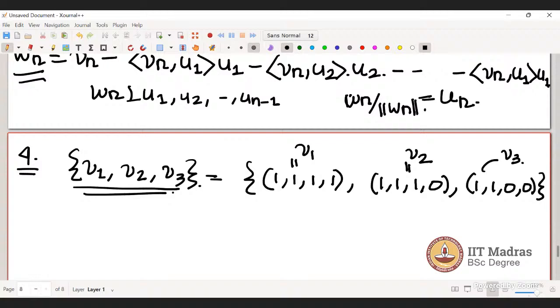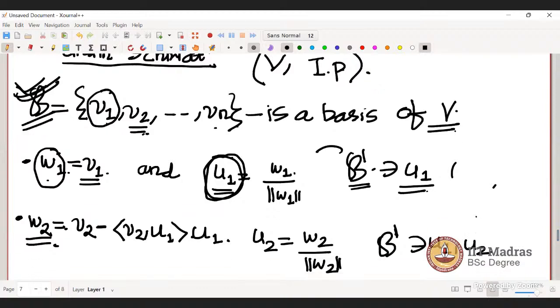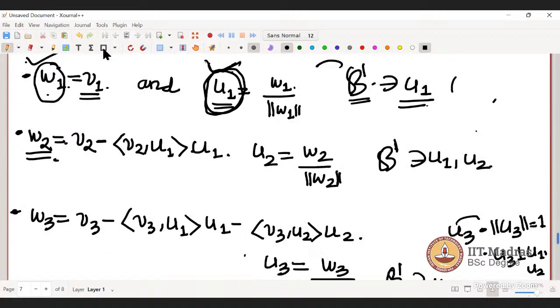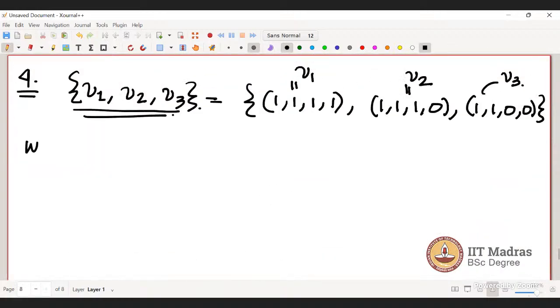Okay, so first thing I have to find is W1. W1 is basically V1, and then U1 is W1 divided by the norm of W1. Here W1, which is V1, is 1, 1, 1, 1.